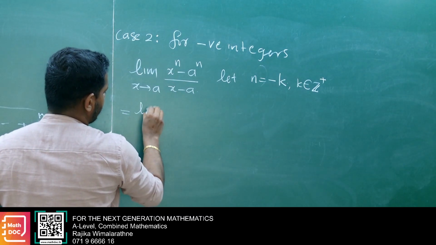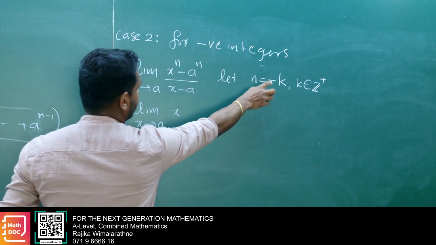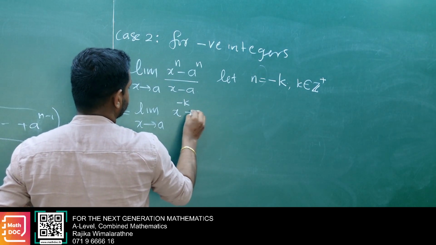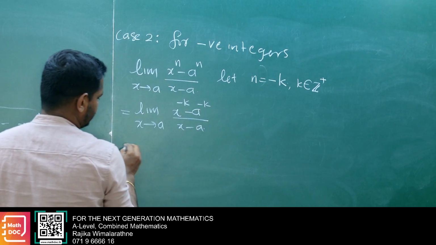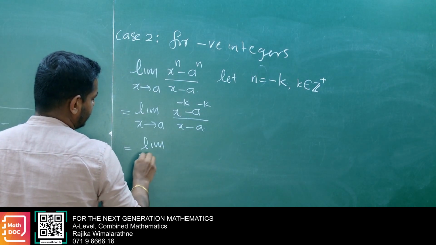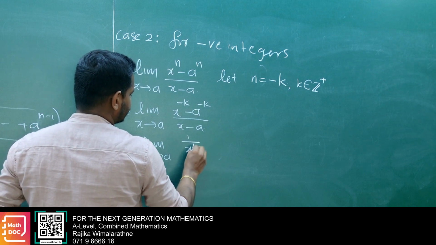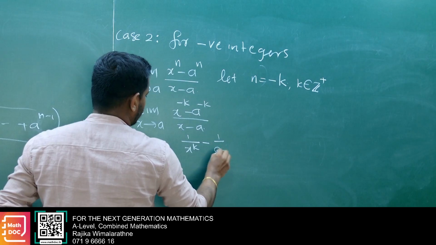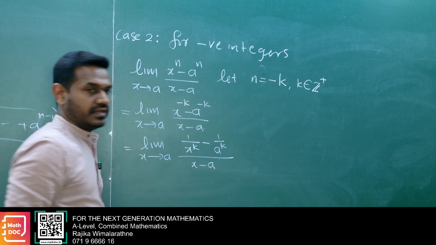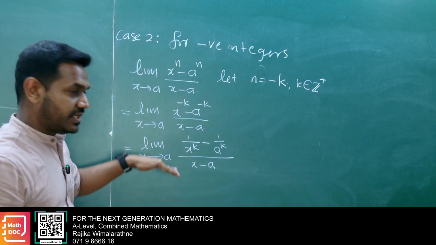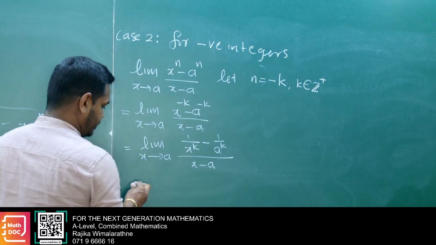Then limit x goes to a, instead of n put minus k: limit x goes to a, (1 over x to the power k minus 1 over a to the power k) over (x minus a). Then minus power means take downstairs, change in sign. Then get common denominator.